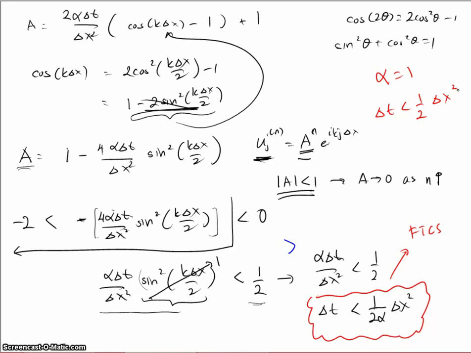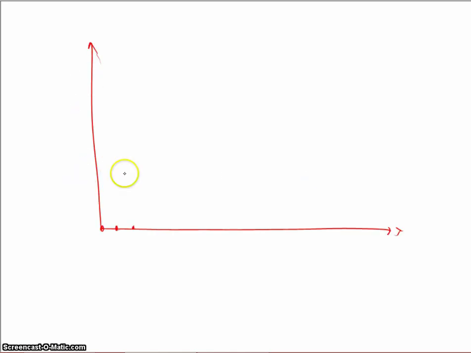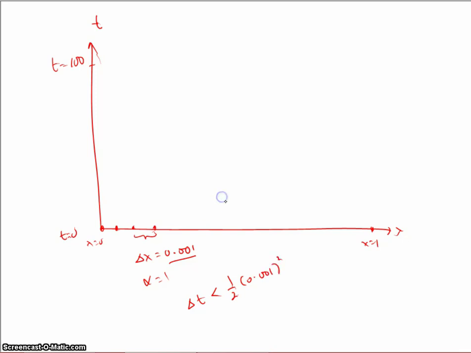And this can be problematic because you may have to do your discretization in x such that this Δx here is very, very small, let's say 0.001. Okay, and you're solving from x equals 0 to x equals 1 in the x direction, and in the t direction you're solving from t equals 0 to t equals 100. Now if Δx is 0.001, assuming that alpha equals 1, then Δt must be less than half of 0.001 squared.